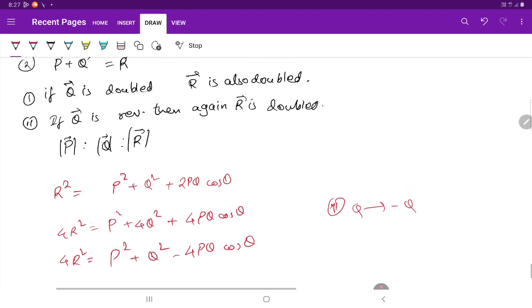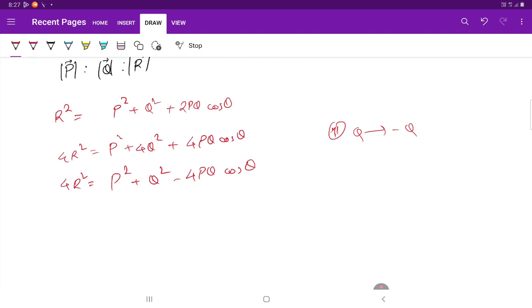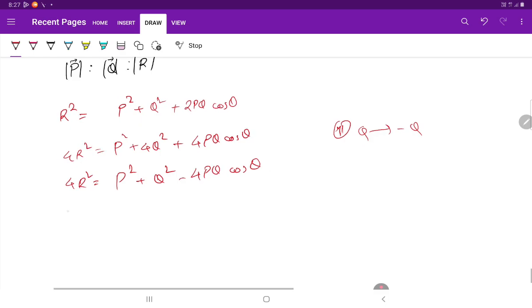Now we have to get rid of this cos theta term first of all. So before that, we'll be doing all the calculations. Okay, now to get rid of it, we'll be adding the second and third equation. We'll get 2P square plus 5Q square is equal to 8R square. This is the first case.